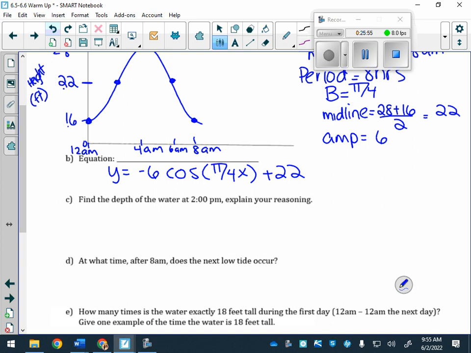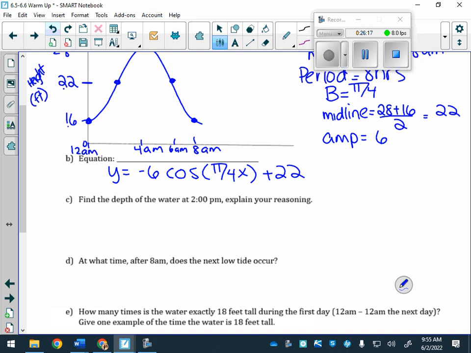Excellent. Find the depth of the water at 2 p.m. Okay, what would the depth of the water be at 2 p.m.? That's t equals how many hours after 12 a.m.? 14. So Kate, where would I be? 22 feet. How many of you see that and agree?